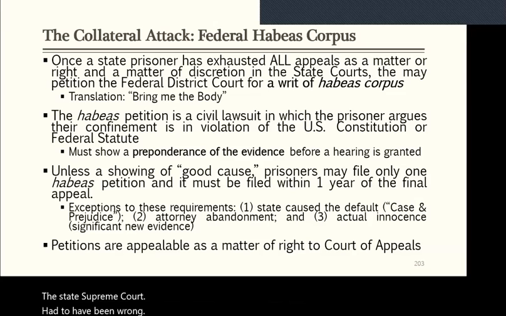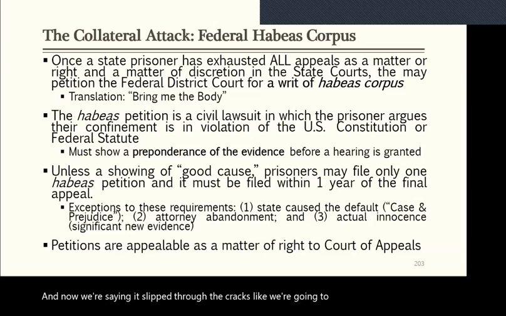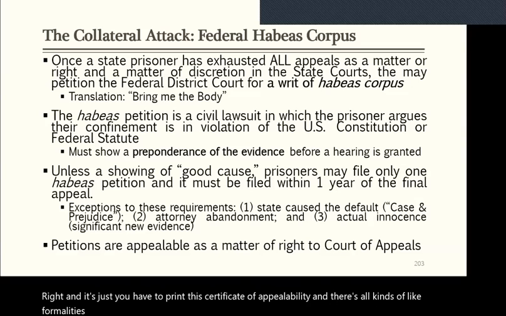The federal district court had to have been wrong. And now we're saying, oh, it slipped through the cracks, we're going to fix it. Right. And you have to grant the certificate of appealability, and there's all kinds of formalities that take place here. But generally speaking, it is what it is, right?